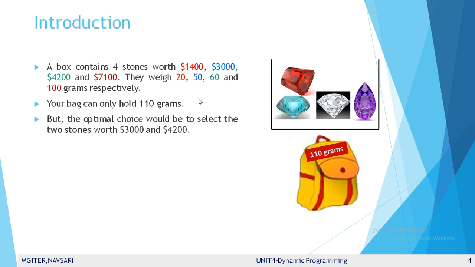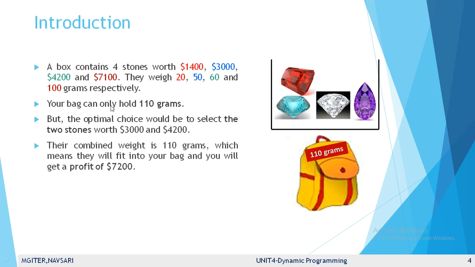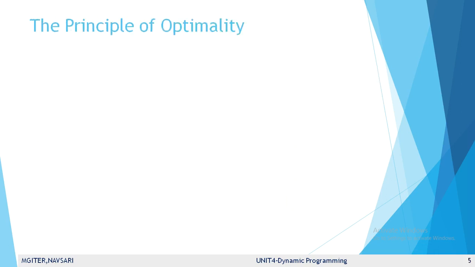But using dynamic programming, the optimal choice, we select the 2 stones with the worth of $3000 and $4200, and the weight of those is 50 and 60 gram, which fit in the bag of 110 gram, and the profit is 7200, which is greater than the profit given by the greedy method. Now here we take only 4 stones, but if there are 100 stones, then how do we efficiently find the optimal answer? For that we study dynamic programming.